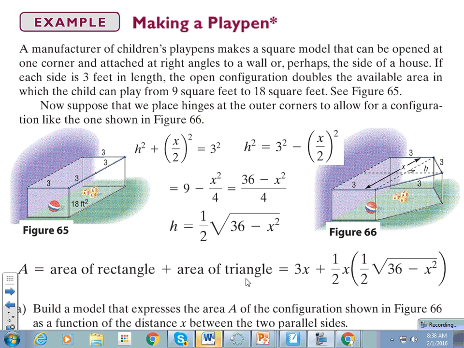All right, so our area is the area of our rectangle, 3 times x, plus the area of this triangular shape, which is 1/2 base, which is x, times height, which we found was 1/2 square root of 36 minus x squared.